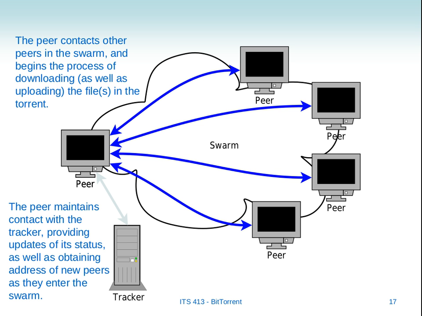The peer maintains some contact with the tracker, so some regular updates about what it's doing. It provides statistics about how much it's downloaded and uploaded, its current status. And the peer may also get addresses of new peers from the tracker, because as new peers join, the tracker keeps a list of those peers.